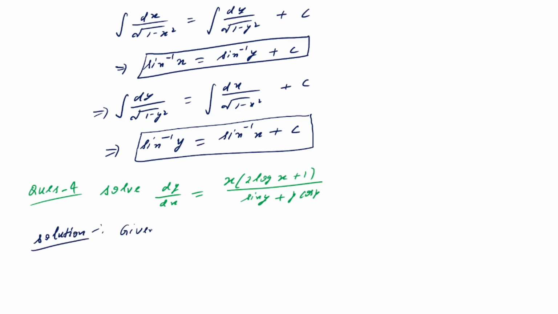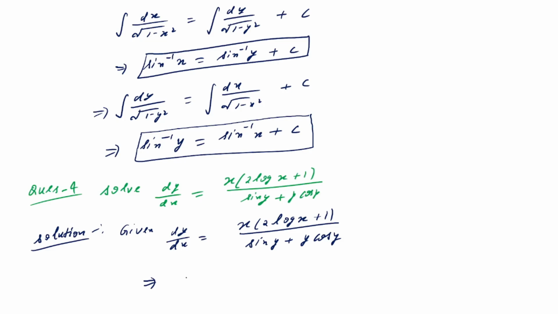Given dy upon dx equals x(2 log x plus 1) upon sine y plus y cos y.